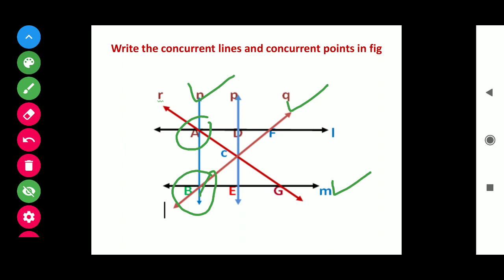These 3 lines are passing through this point. So A, B, then C. C is also a concurrent point by Q, then R and then P. These 3 lines pass through C. That's why C is also a concurrent point. So here we got 3 concurrent points.